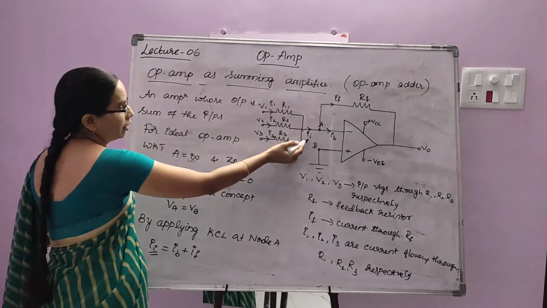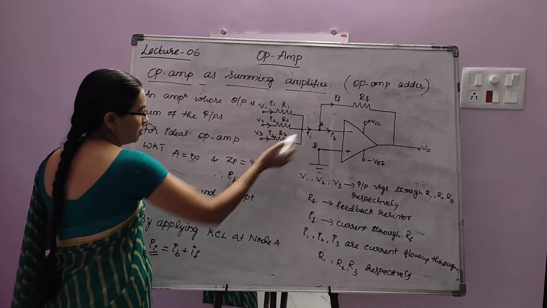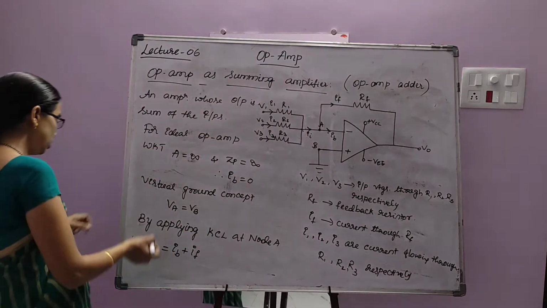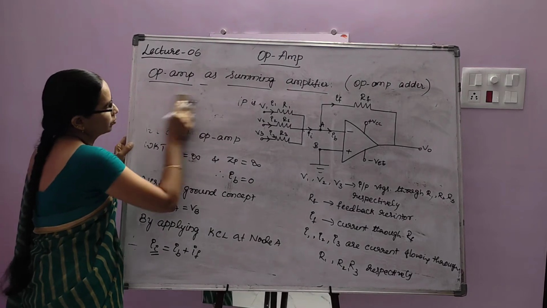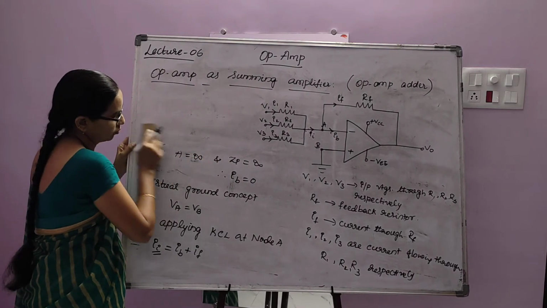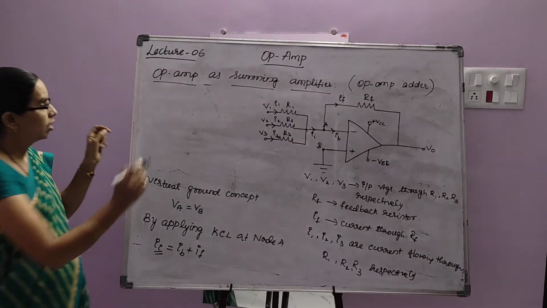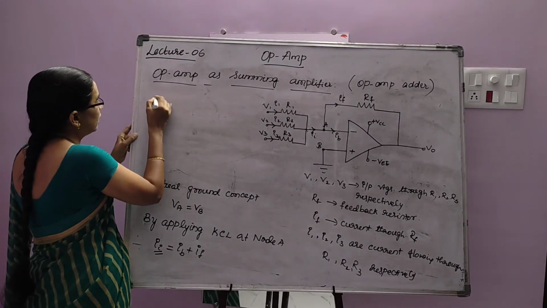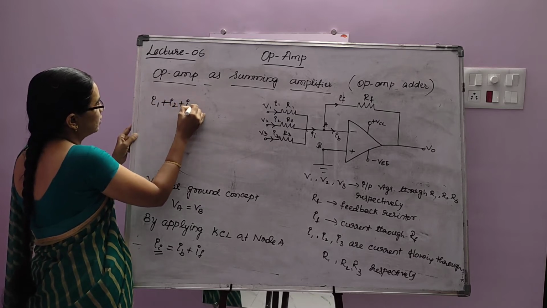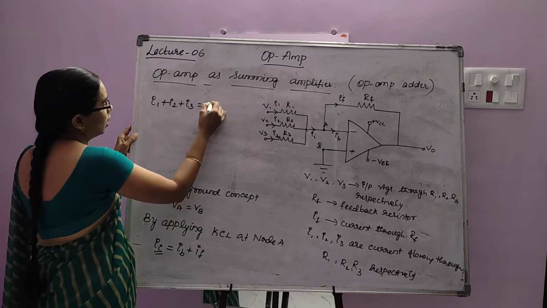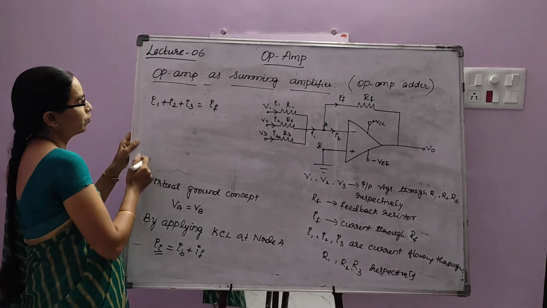So I can be written as I1 plus I2 plus I3, and we know that IB is equal to 0. So if you put that in this equation, I can be written as I1 plus I2 plus I3, that is equal to IF, because IB is equal to 0.